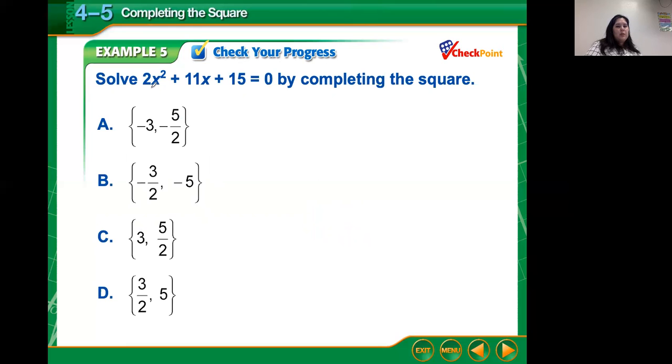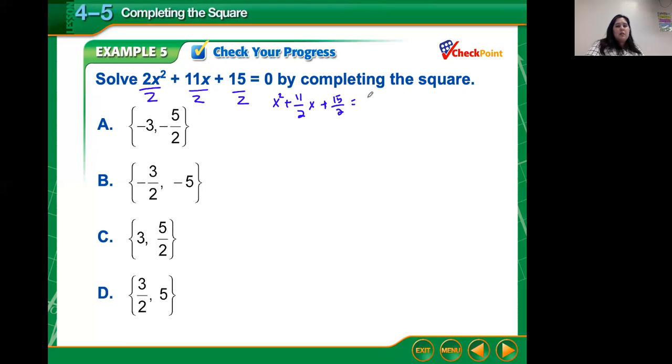So our first step is to divide everything by 2. When we do that, we get x squared plus 11/2 x plus 15 over 2.